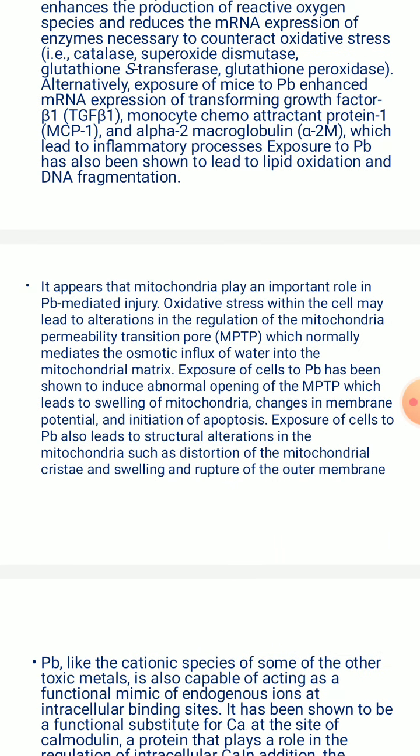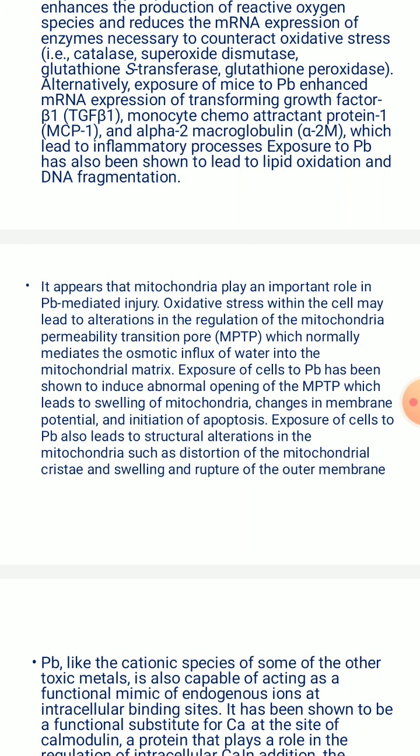Exposure of kidney cells to lead induces abnormal opening of this pore, which leads to swelling of the mitochondria, changes in membrane potential, and initiation of apoptosis.